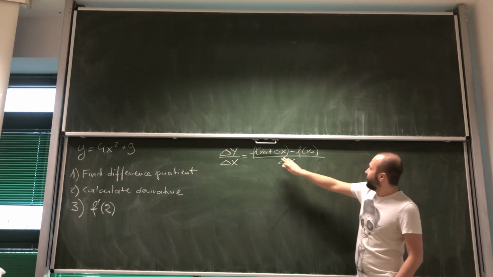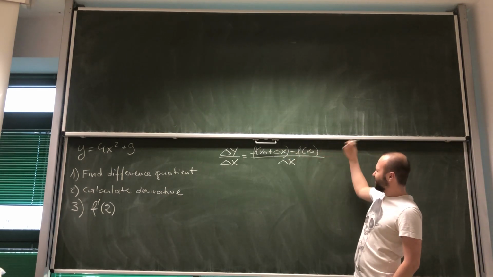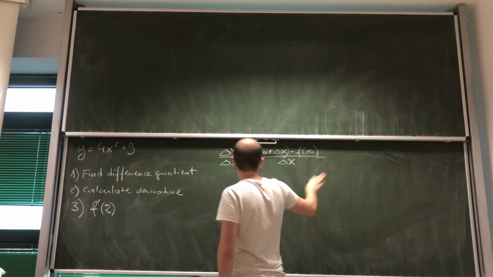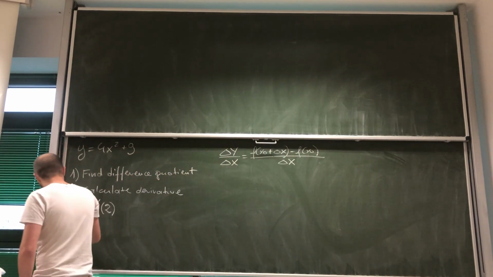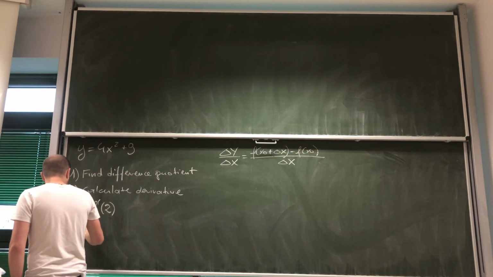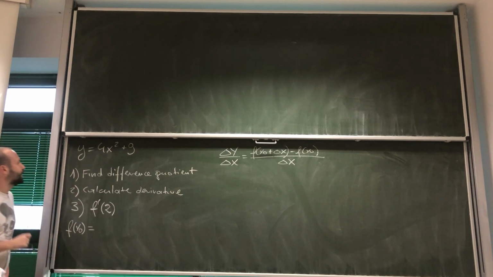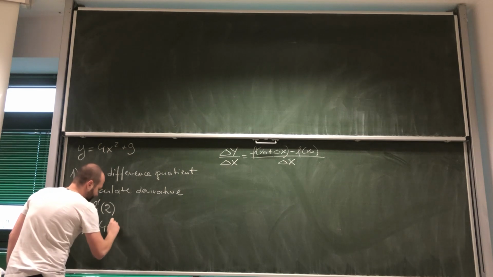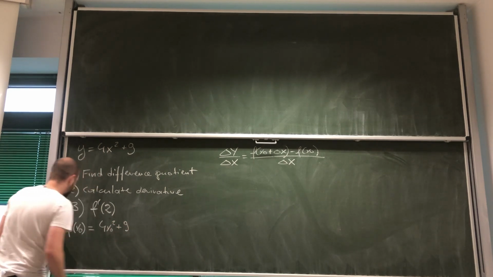Okay, so first let's find those two, and then we will be able to just substitute them. So we've got f of x0. In order to get that, I just replace x with x0, so it's 4x0 squared plus 9.